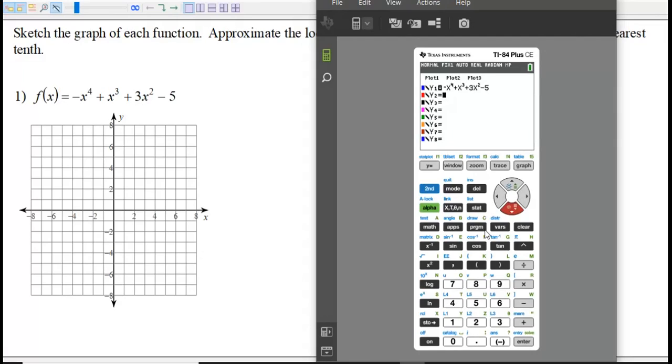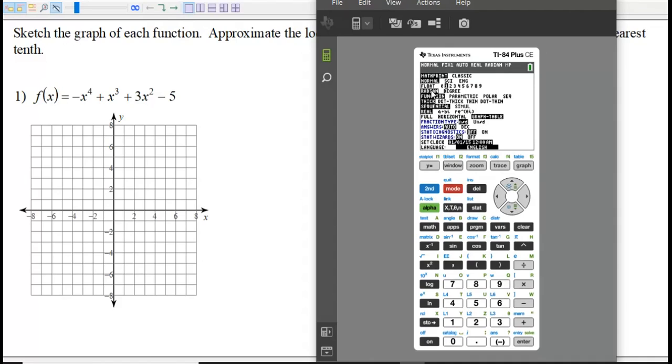I've gone ahead and entered the equation into my graphing calculator. There are two things that I'd like you to check in the mode to make sure that we're all looking at the same thing as we're working through this problem. When you go to mode, the first thing that I would like you to select is the rounding feature.